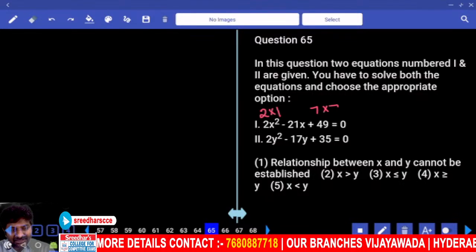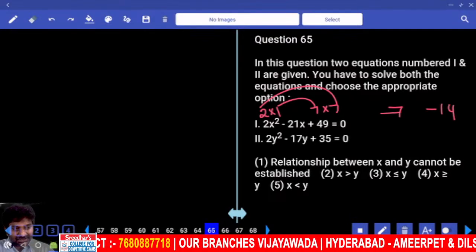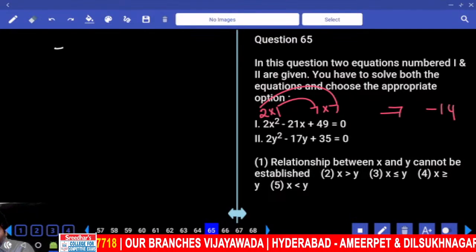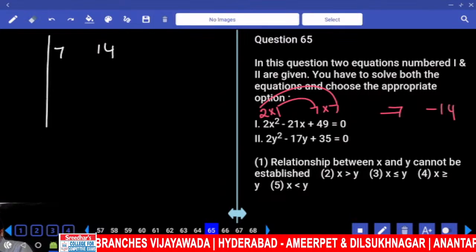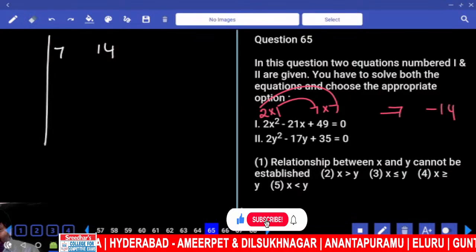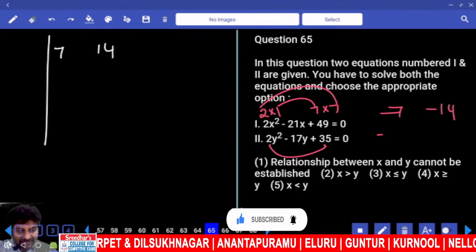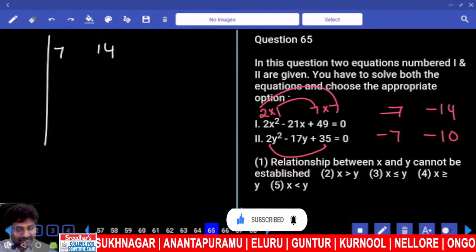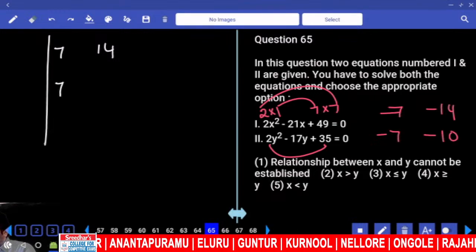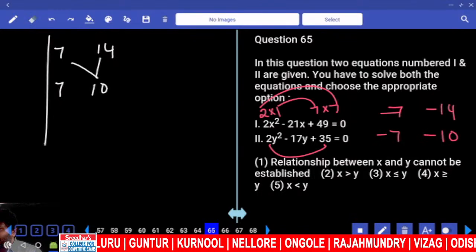This is 7 into 7. 7, 14. Minus 7, minus 14. Combination. Factors are 7 comma 14. Denominator is not required because x square y square having same coefficient. Product 70. Minus 7, minus 10, plus 7, plus 10 lies in between, no relation.